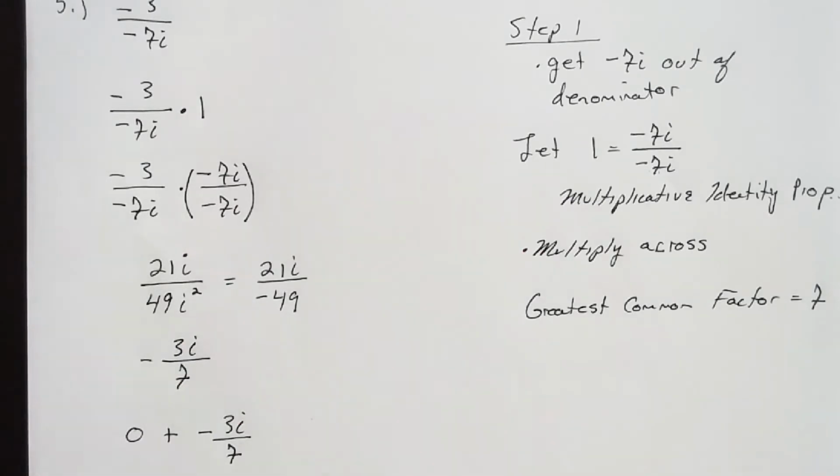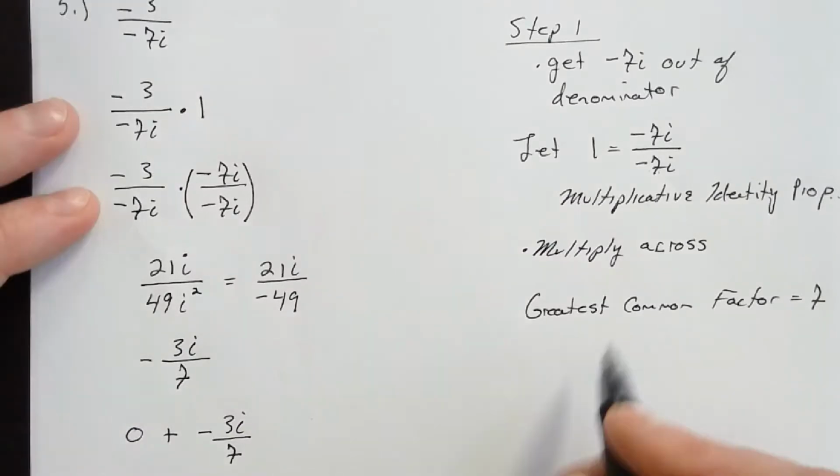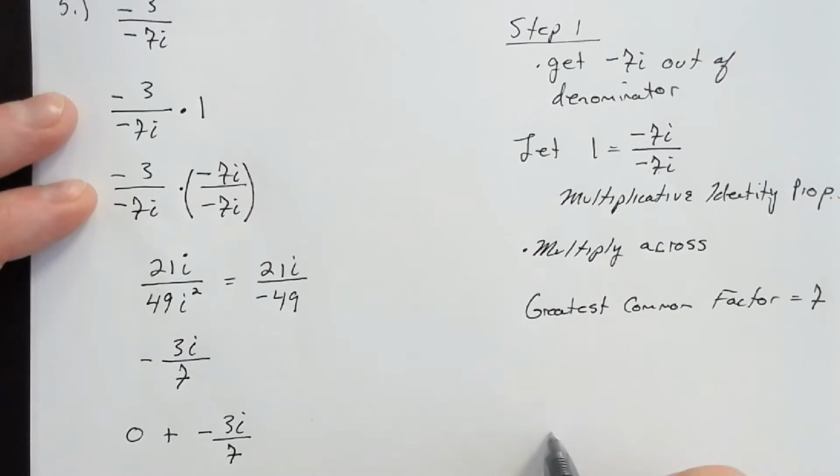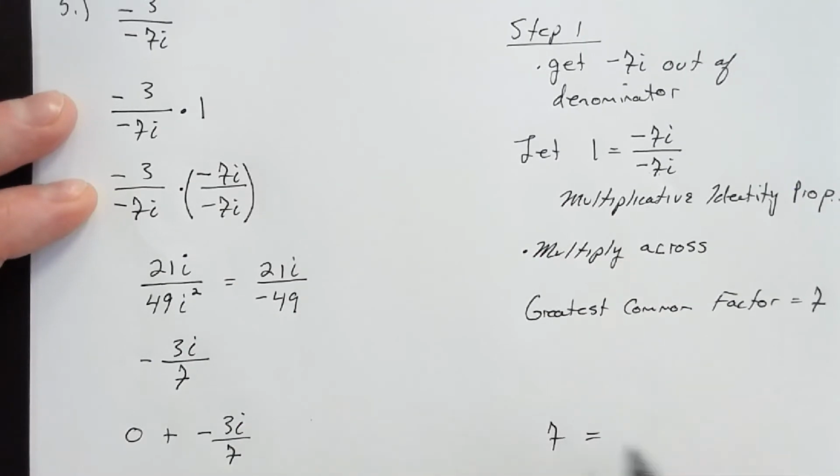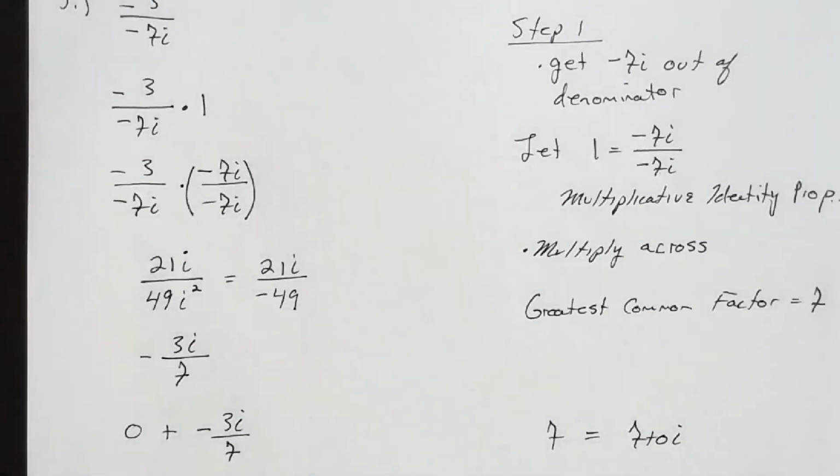So every real number is an imaginary number when b is 0. Pick any real number: 7 is equal to 7 plus 0i. So every real number is also an imaginary number.